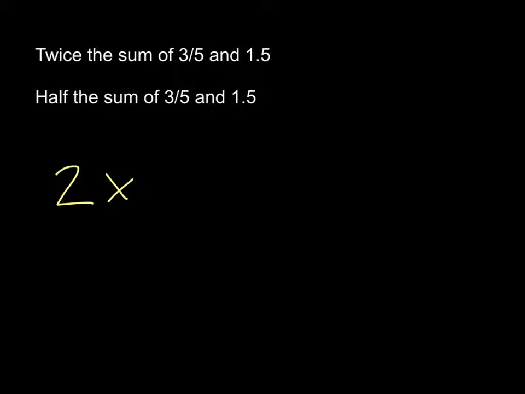When we see sum, that's talking about adding, so I know that I'm going to be doing 3/5 and 1/2. Remember, we're adding. Now, when I have it arranged this way, when we look at the order of operations, we would have it as 2 times 3/5 and then add 1/2.